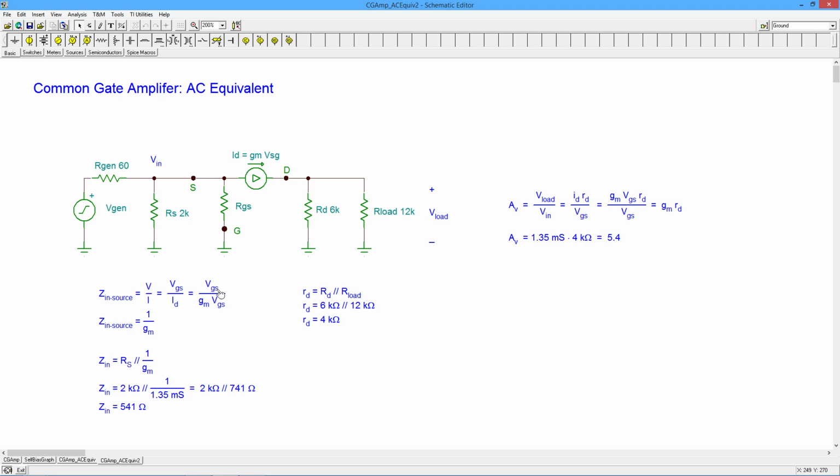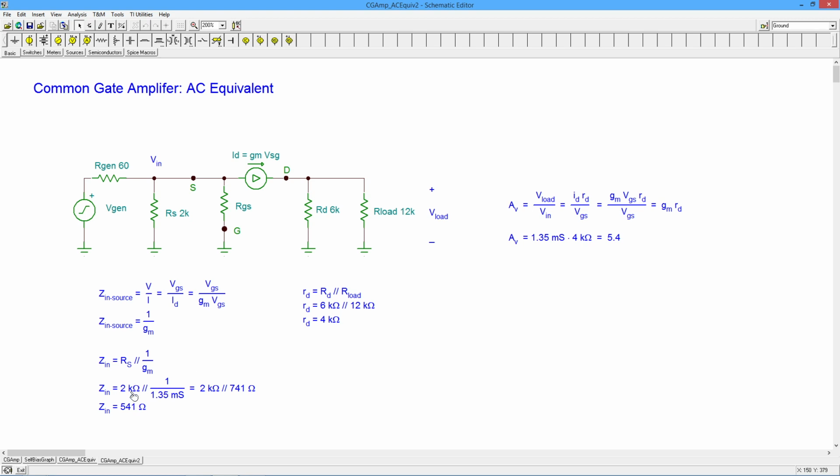Yay! Now let's go over to Z in source. Like I said, it's your voltage divided by your current. So the input voltage is VGS, the current's ID. Expand this out, VGS over VGS, that cancels, and we're left with 1 over GM. Right? So we know the GM value is 1.35 millisiemens.